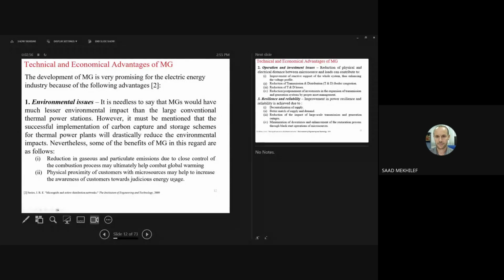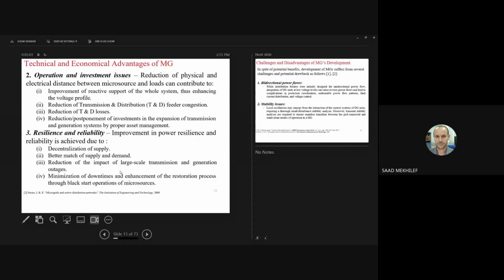Then some technical advantages. I think I mentioned this yesterday, so I don't have to. And I think we didn't mention this: the operation and investment issues, reduction of the physical electrical distance, because we don't have to do the wire extension for transmission lines, and it reduces transmission losses.